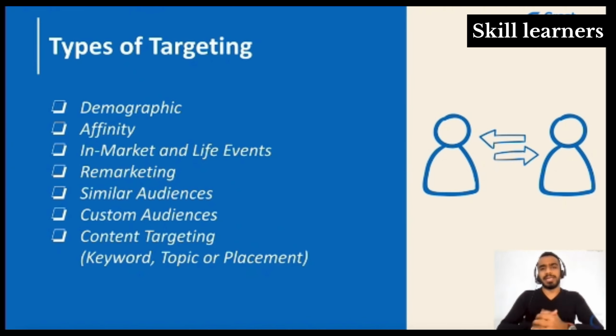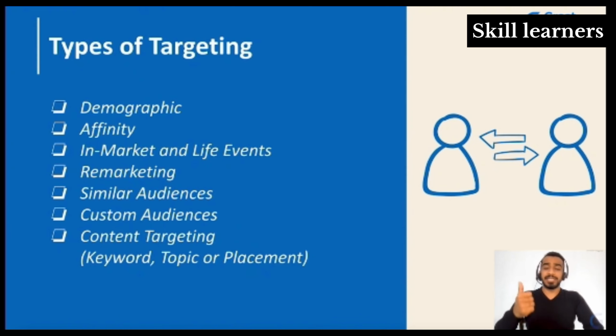You give Google that list and you tell Google, I want to identify people who are similar to this audience. Similar audiences are as basic as that. You give Google a list of audiences and Google tries to find people who are most similar to it. People who match similar interests, people who have similar behavior, who have similar purchase intent.